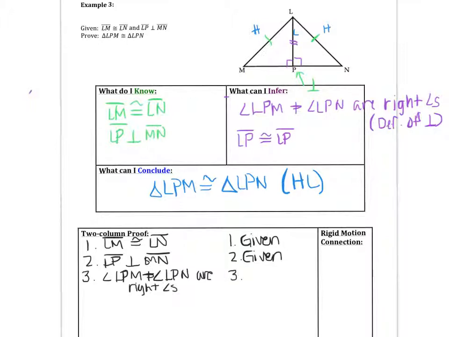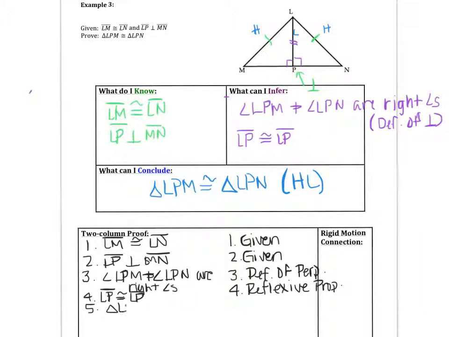And I knew that because I used that definition of perpendicular. I also said that LP is congruent to LP, and I used the reflexive property for that. And finally, I was able to say that triangle LPM is congruent to triangle LPN, and I used hypotenuse leg. And when I look at this, I see it's a reflection.